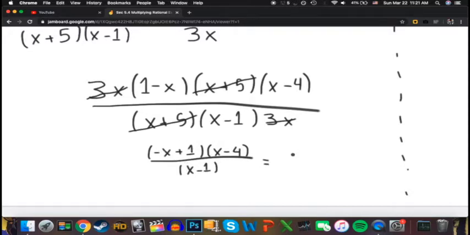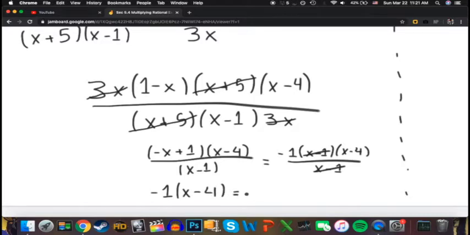So if you factor out a -1 from that expression up top, we're going to get an x minus 1 left over. And now from here, you're able to cancel those out. So all that you have left is just a -1 times x minus 4. And if you simplify that, you just get a negative x plus 4 right on the bottom.